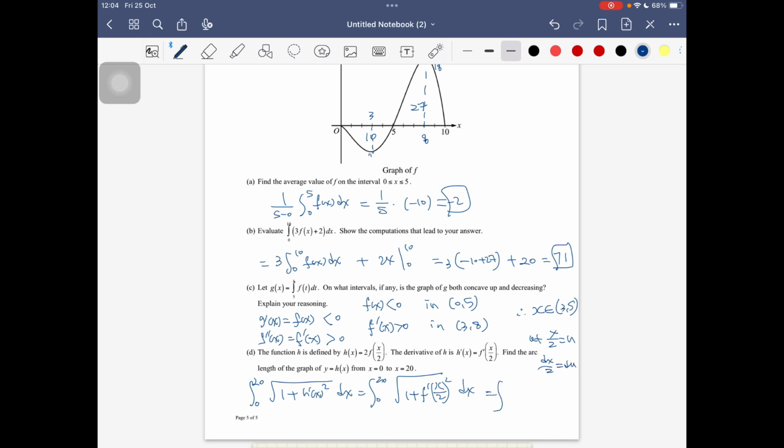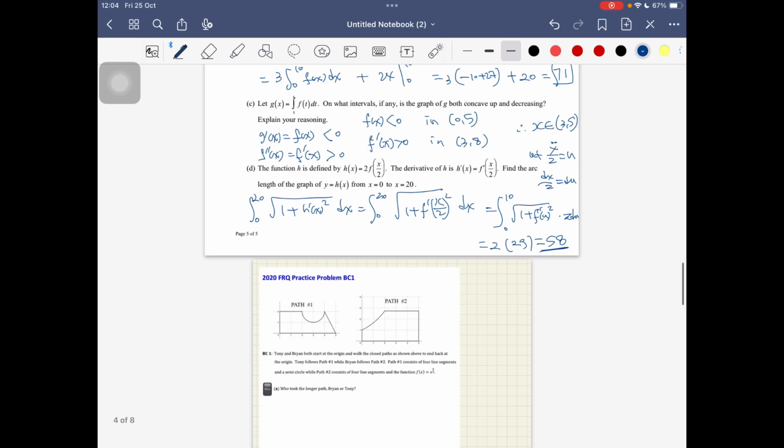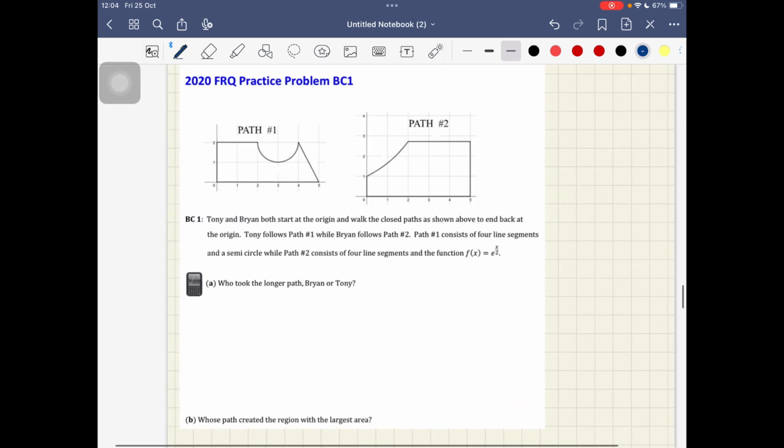When x is 20, u is 10, and when x is 0, u is 0. So we have the square root of 1 plus f prime of u squared, du. So this is 2 times 9, which is 58, because this was 11 and this was 18. And number 1, Tony and Brian.